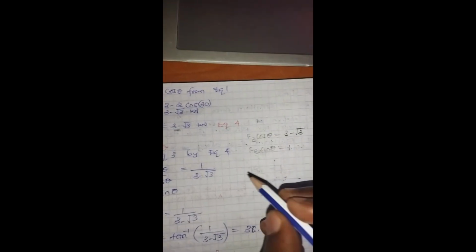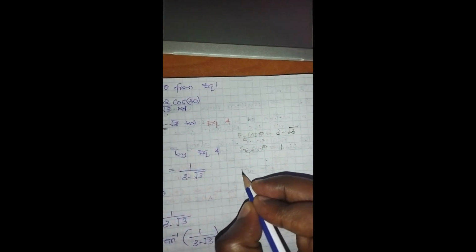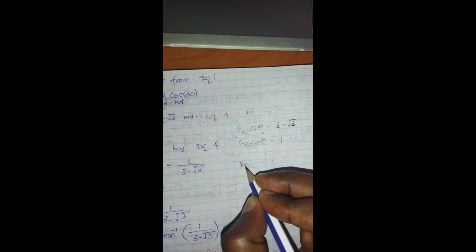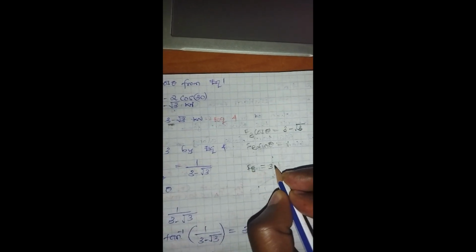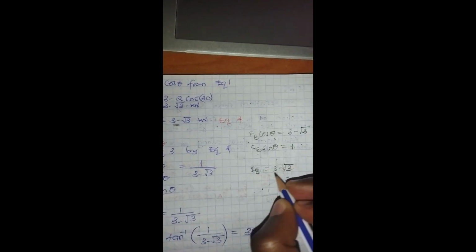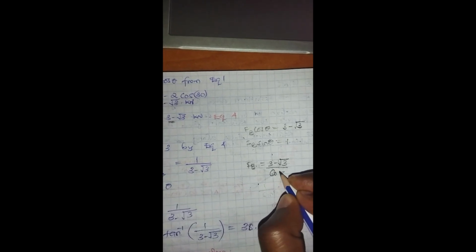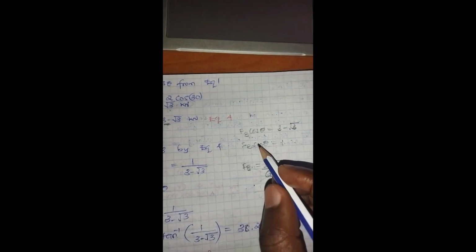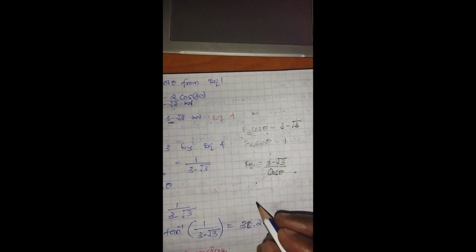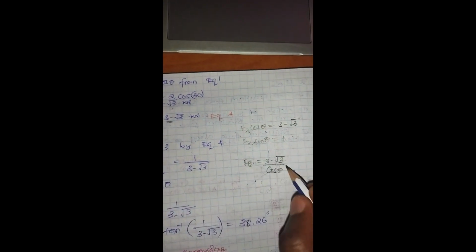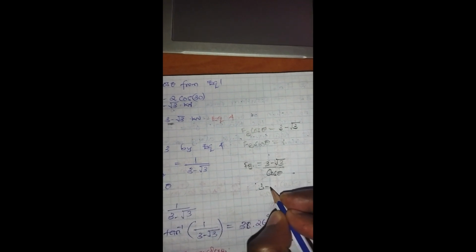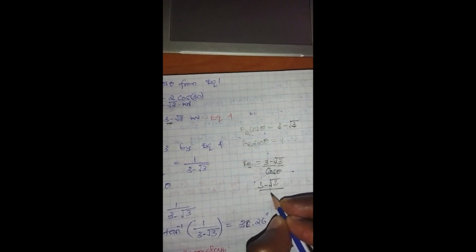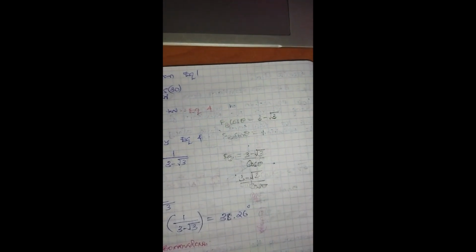How? Let's see, follow along. We have FB sine theta will be given by 3 minus root 3 over cos theta. Now come and represent this on the other equation. So FB now is going to be represented by this: 3 minus root 3 over cos theta. I hope you can see.